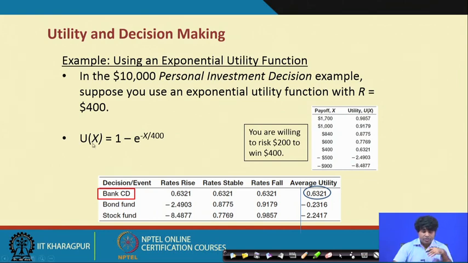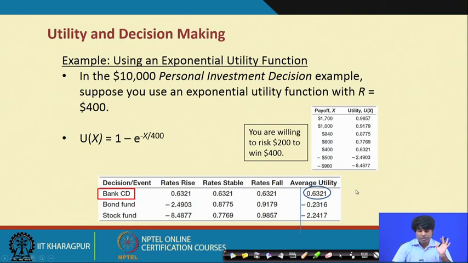Now here in another example, the same personal investment where the utility function is of exponential type, and corresponding to these various payoffs we have a utility. Against the utility we have a decision making process depending upon 3 different investment plans, a bank CD, a bond fund and the stock fund, and then rates increase, rates stable and rates fall.